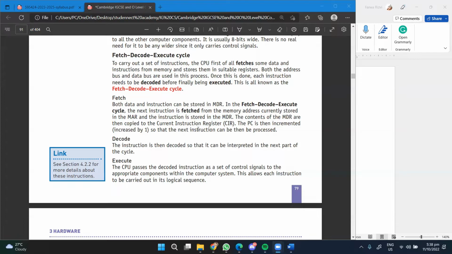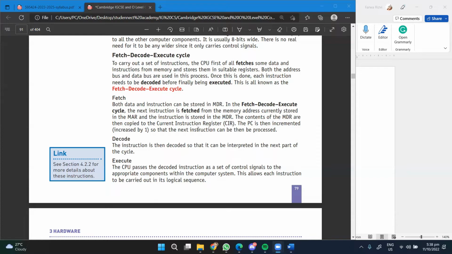Yeah. You can also say memory address, and that memory address is stored in the MAR. Okay. And the instruction which is being fetched is stored in the MDR. Exactly. And then?